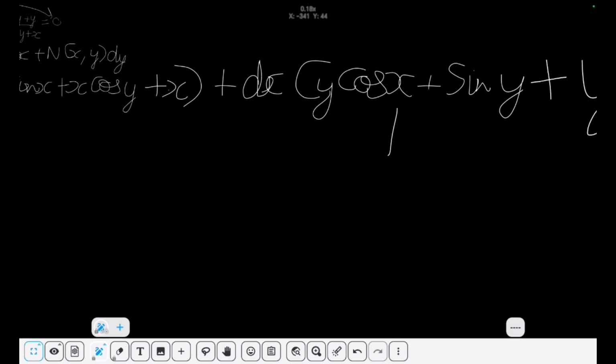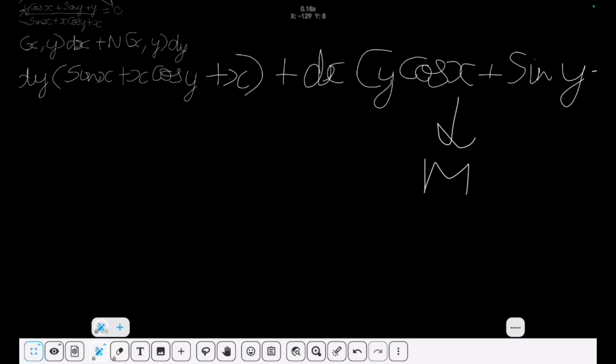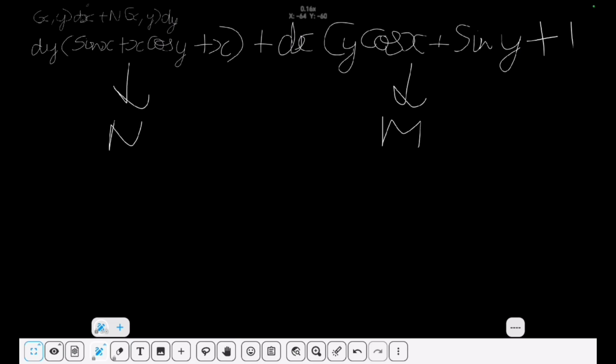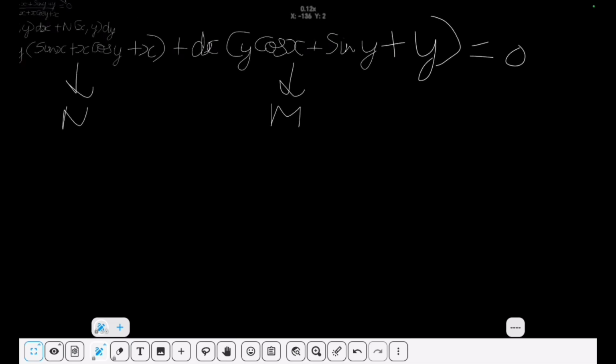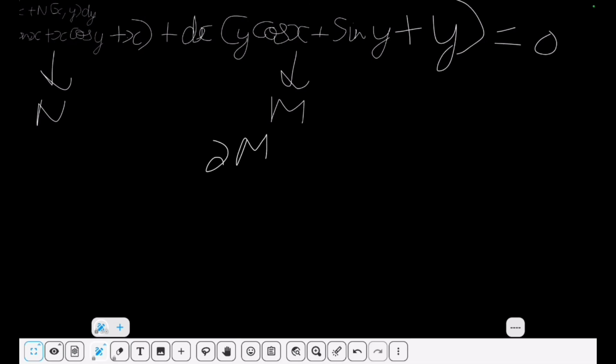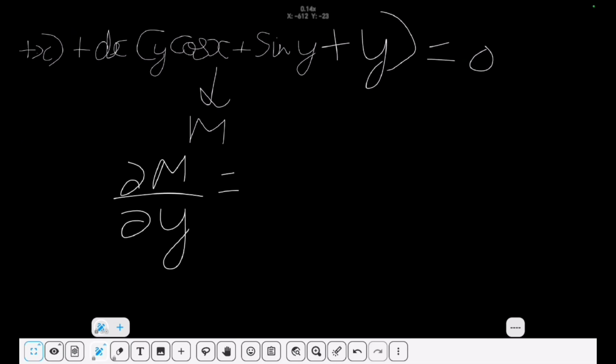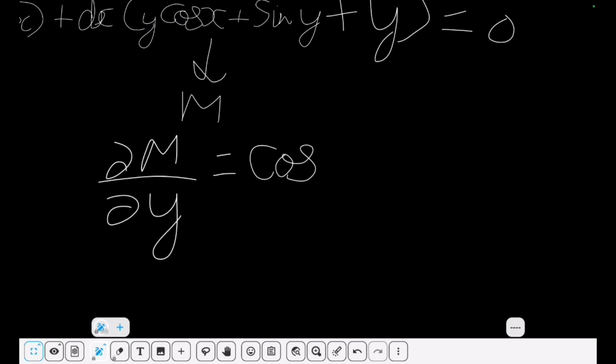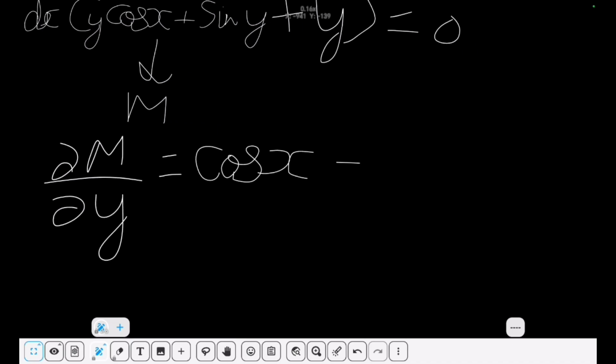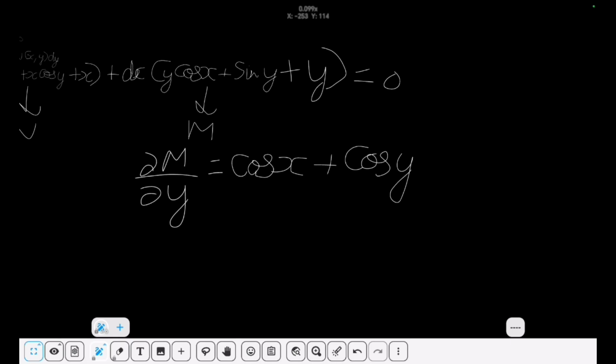Now my M will be this one and my N will be this one now. So let us write ∂M/∂y, partial differentiation with respect to y. That will give me cos x plus sin y will be cos y, right?